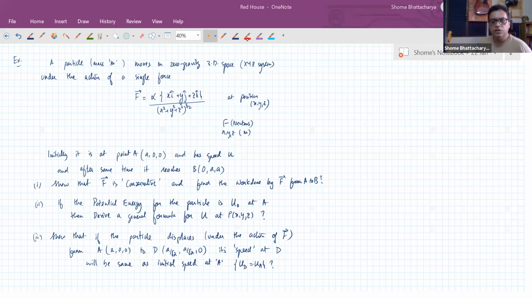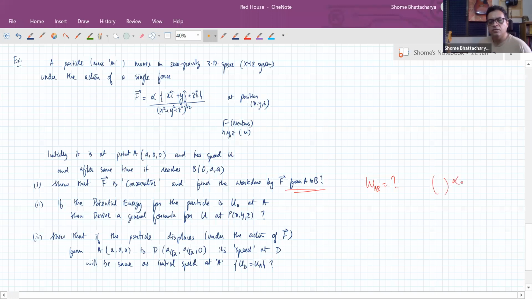So can you tell me the work done from A to B? How much it will be? It should come out as some numerical factor into alpha by A. Just try to figure out what that is.